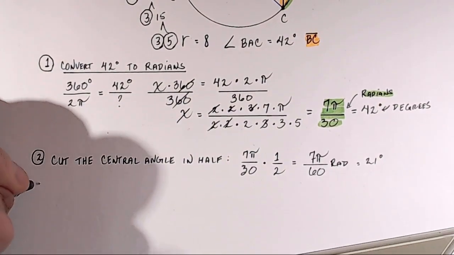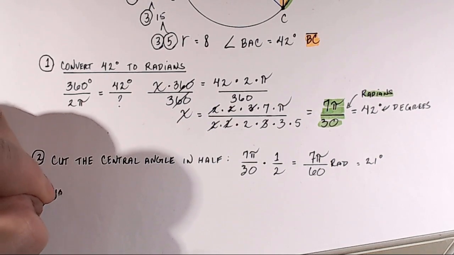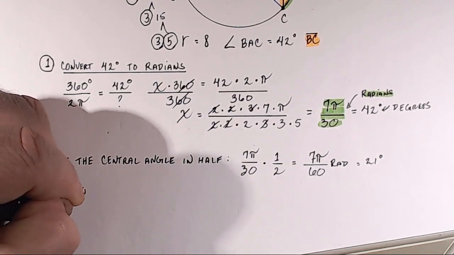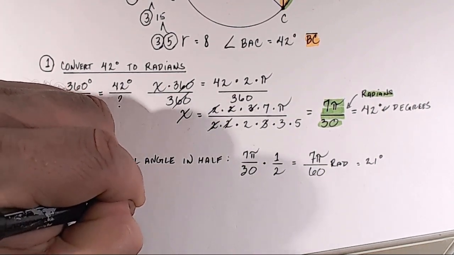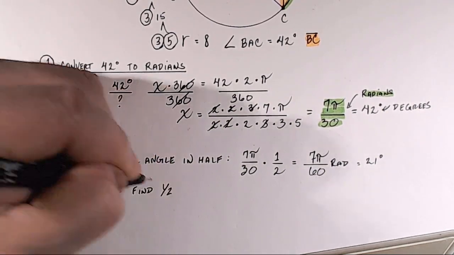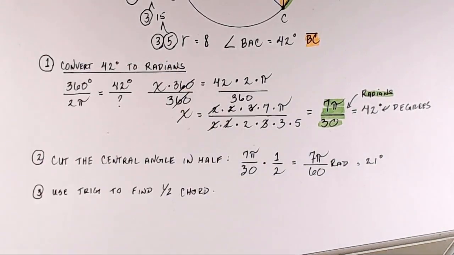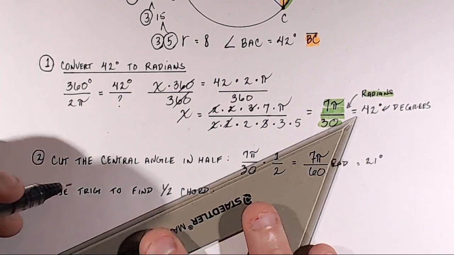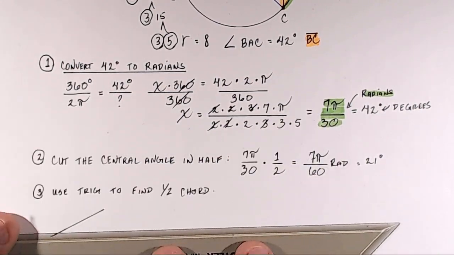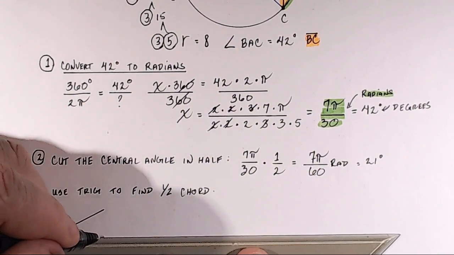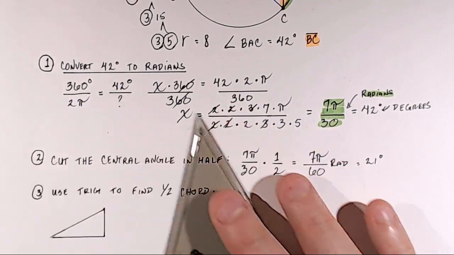Okay, so now we're going to use trigonometry to find half the chord. What do I mean by that? Well, think about the little triangle that we have here. I've just clipped it out of the picture from above.